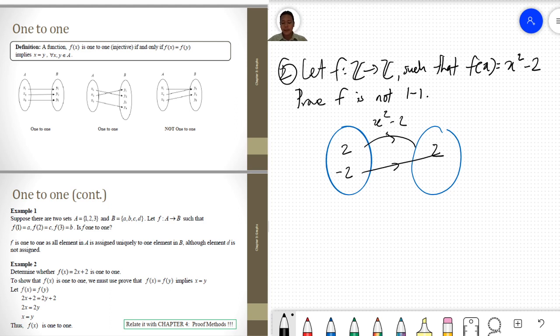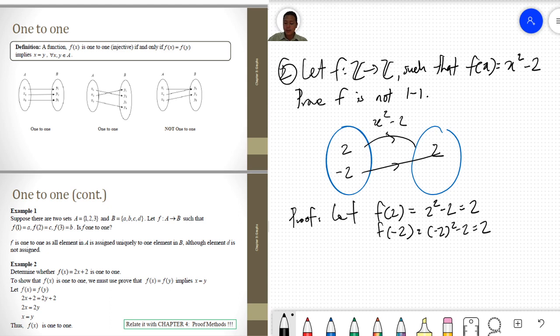This simple indication alone can be your actual proof, but the proof must be written nicely like this. Let f(2) equal 2 to the power of 2 minus 2, which equals 2, and f(negative 2) equals negative 2 squared minus 2, which is also 2.